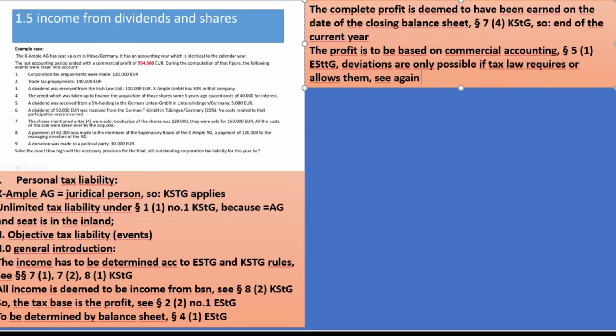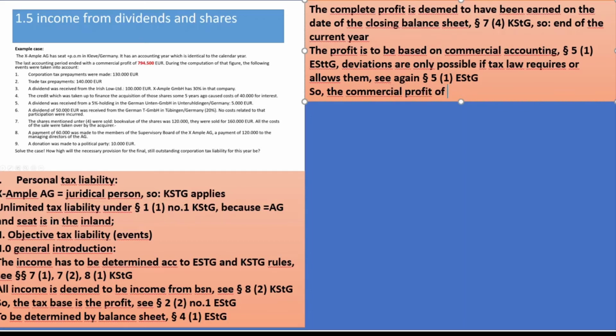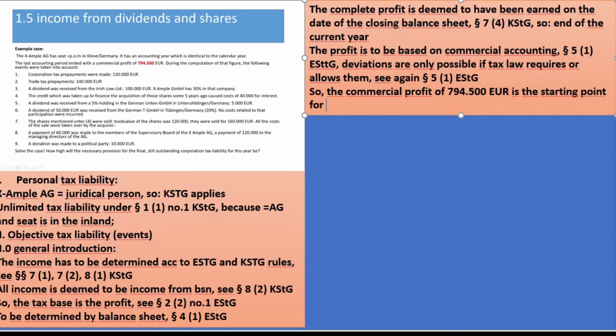See again, paragraph 5.1 KStG, the so-called principle of Maßgeblichkeit. So the commercial profit of 790,500 euro is the starting point for our calculation of the tax profit.